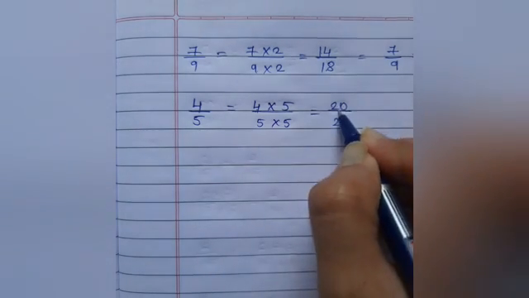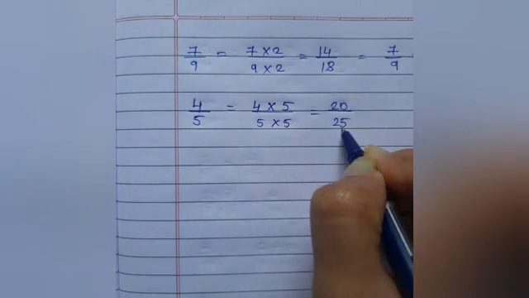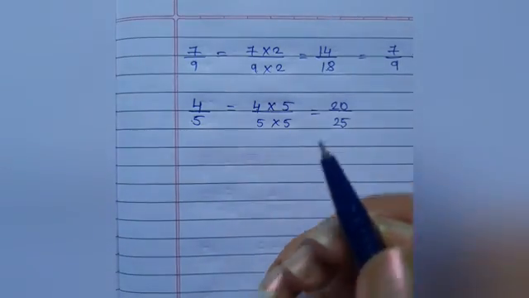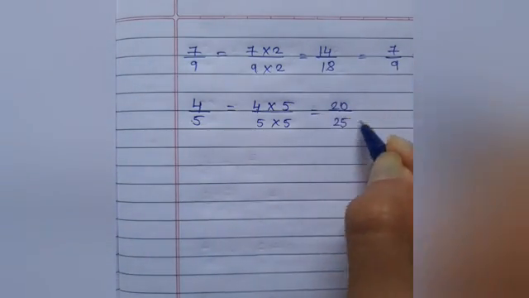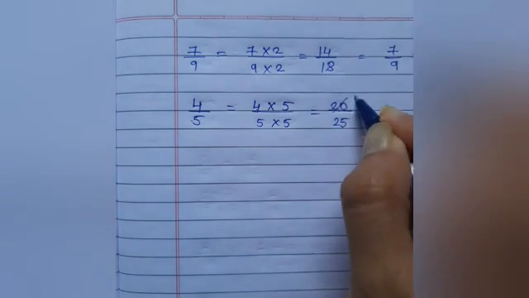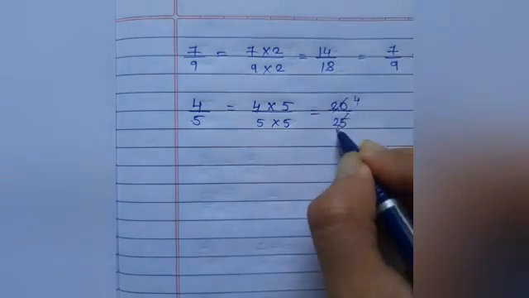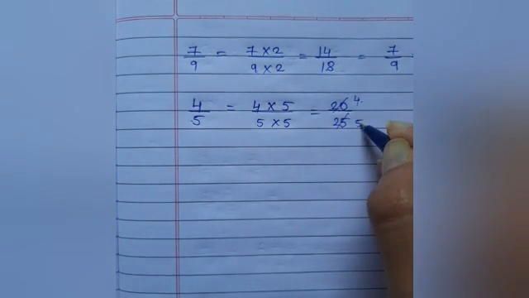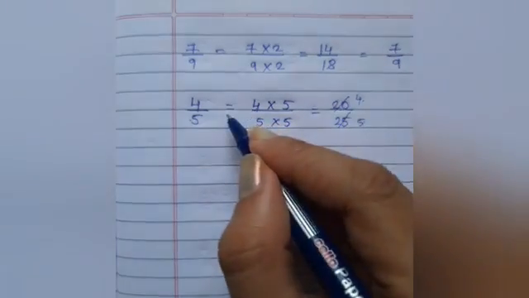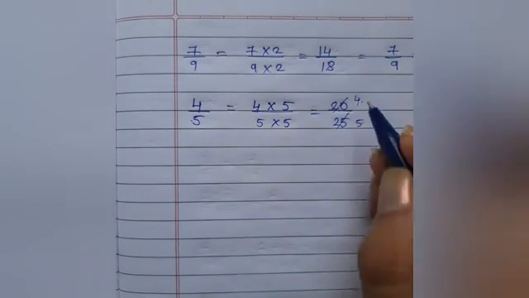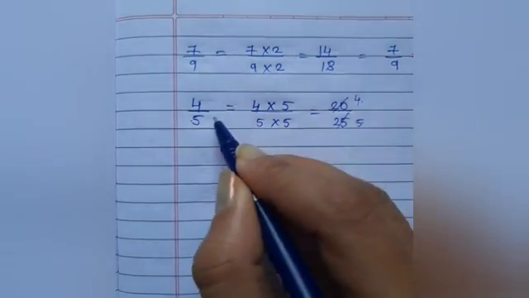So 20 upon 25 is equivalent to 4 upon 5. You can further divide this obtained value. That is, in the table of 5 itself, 20 is at a place of 4 and 25 is at a place of 5. So 4 upon 5 is also equivalent to the given fraction, since it is the question.